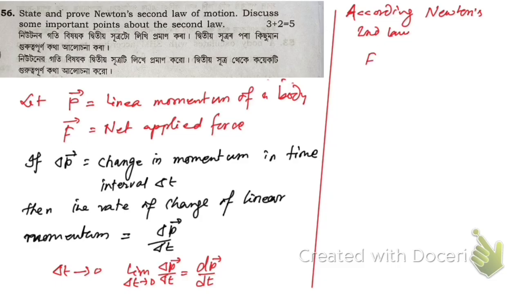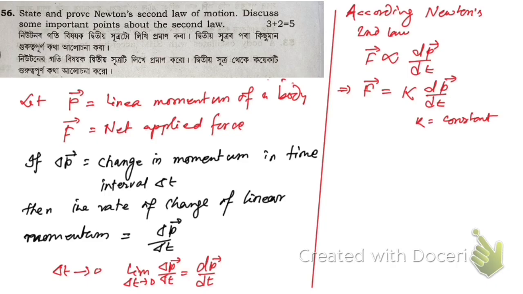That means we can say F is directly proportional to del P by del T, right? And if these two are proportional, then we can write F is equal to K times the time derivative of P, where K is a constant of proportionality.